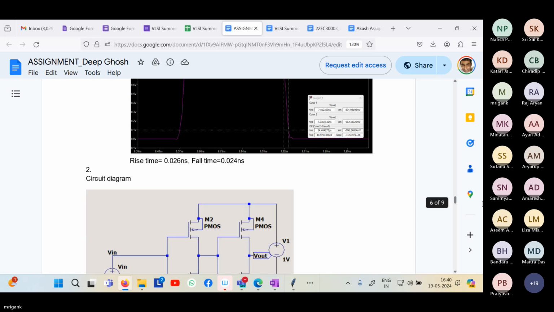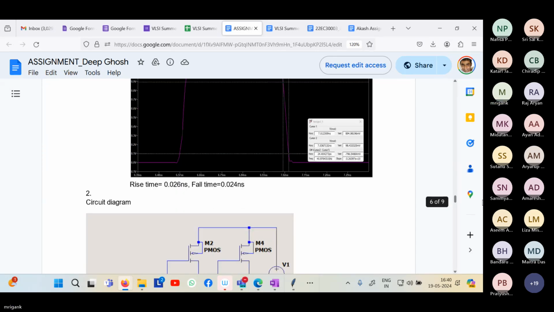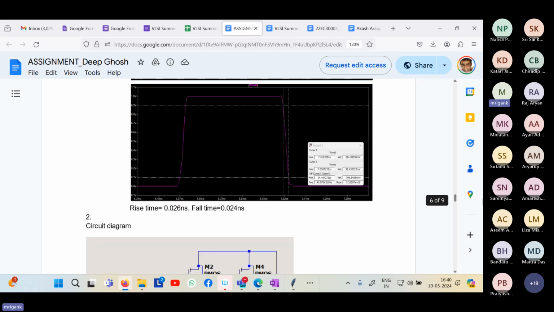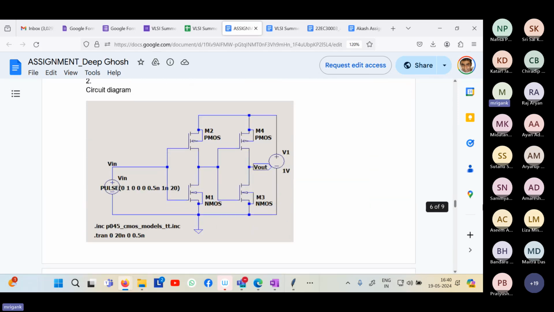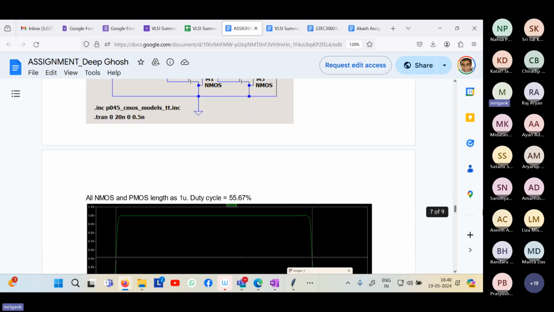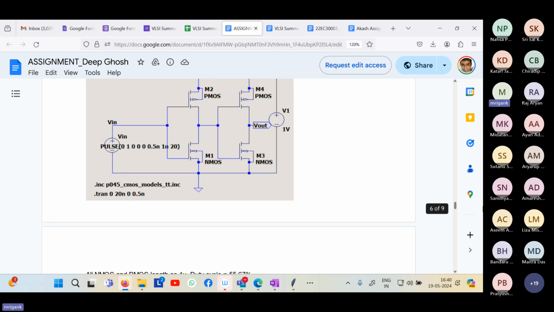And this is, so I think he has not covered all the cases, 3 cases were there. And then circuit diagram is given rise time, fall time, he has taken 20.